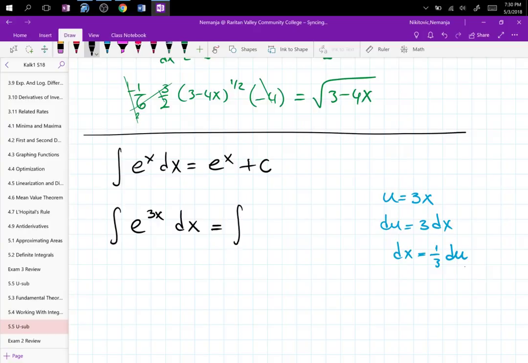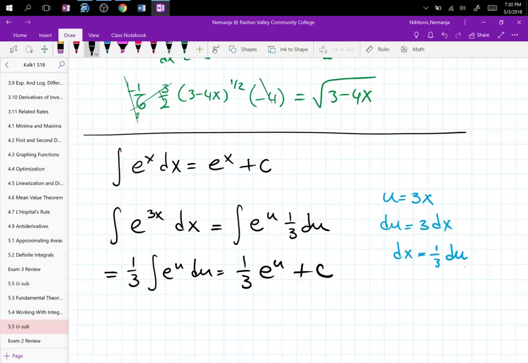So the integral of e to the u times 1/3 du. See, the entire integral is now in terms of u. We kick 1/3 outside, we get the integral of e to the u du, which is 1/3 e to the u plus c. And now we have to go back to x.